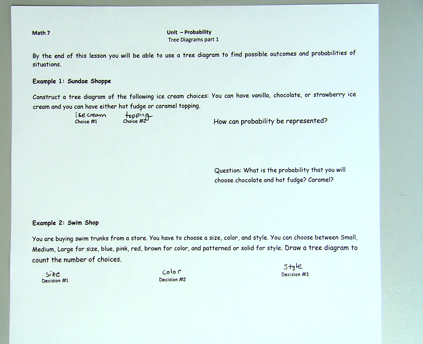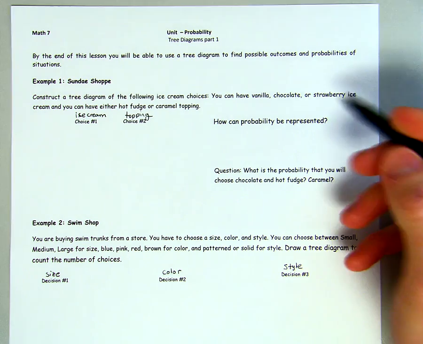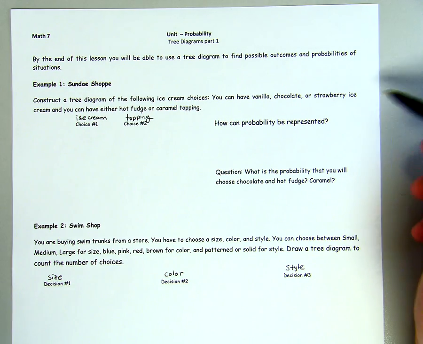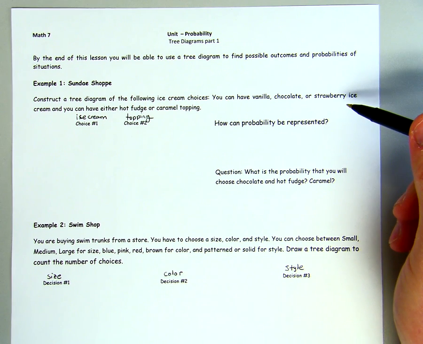So your first example is going to be a sundae shop. You're going to construct a tree diagram for the following ice cream choices: vanilla, chocolate, or strawberry. And you can either have hot fudge or caramel topping. So how can our probability be represented?